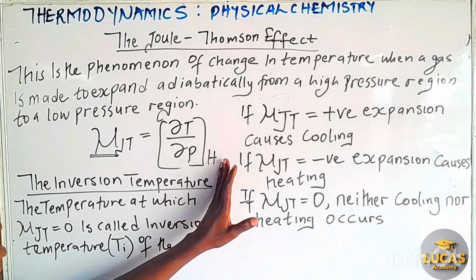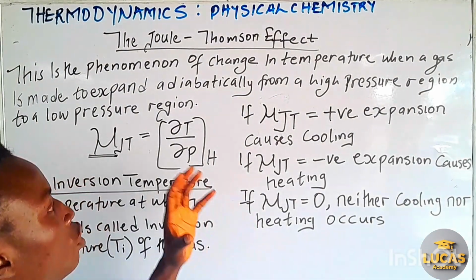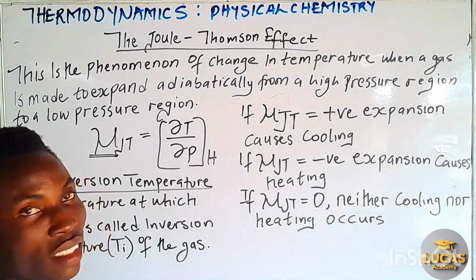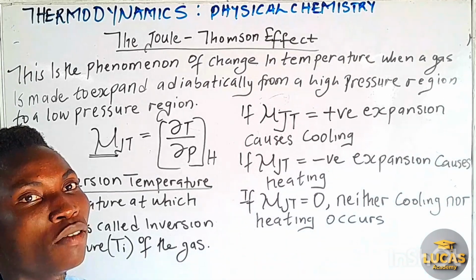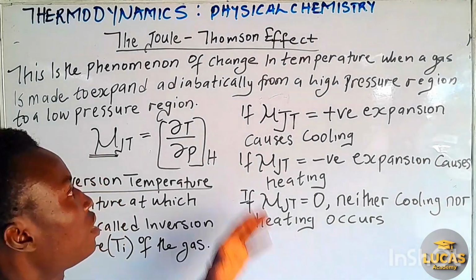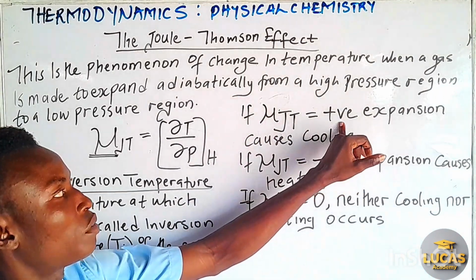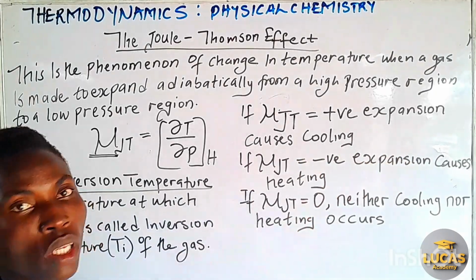So because of that, there are different forms in which the Joule-Thomson effect affects the nature of gases when it expands adiabatically from the high pressure region to the low pressure region. If the coefficient of the Joule-Thomson effect is positive, then the expansion causes cooling.